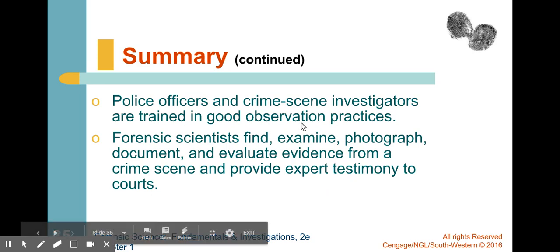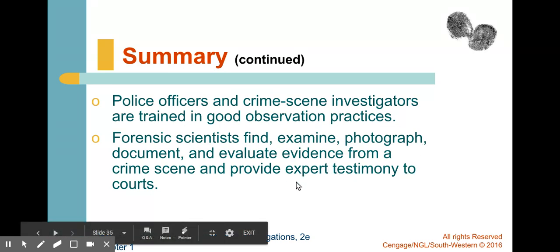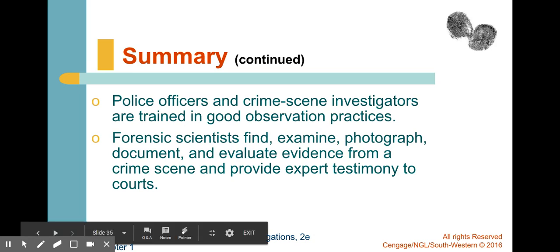And we also learned that police officers and CSI investigators have a trained eye. This has to be something very trained, and that forensic scientists are only interested in the science, not proving someone guilty. And that's all I have for Chapter 1.